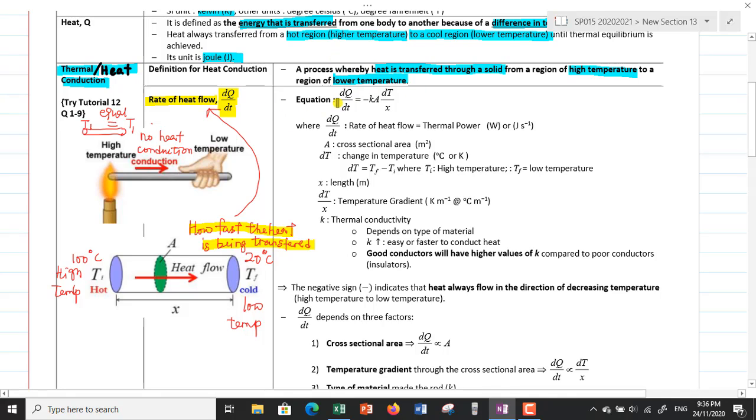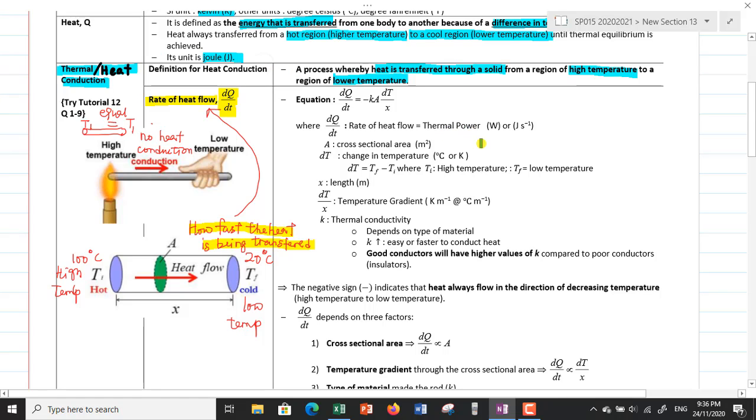So the equation to calculate the rate of heat flow is dQ over dt equal to negative kA dT over x. Here dQ over dt is what we call the rate of heat flow, or also thermal power.